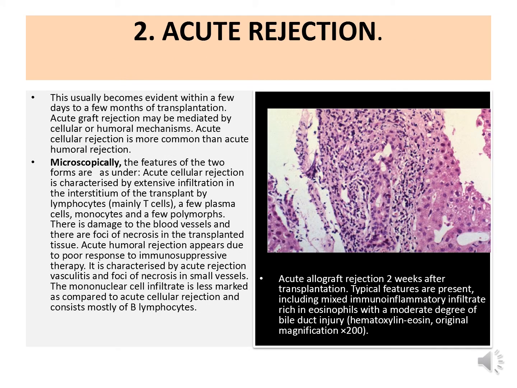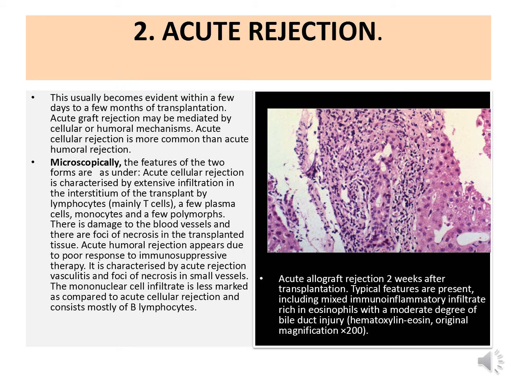The second reaction is the acute rejection. This usually becomes evident within a few days to a few months of transplantation. Acute graft rejection may be mediated by cellular or humoral mechanisms. Acute cellular rejection is more common than acute humoral rejection. Under the microscope, the features of the two forms are as follows.